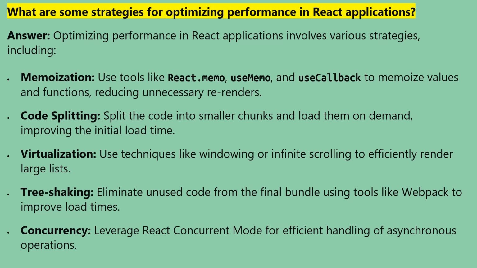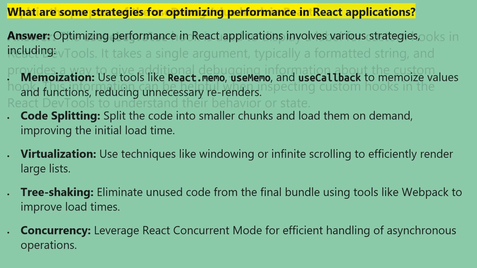Split the code into smaller chunks and load them on demand, improving the initial load time. Virtualization. Use techniques like windowing or infinite scrolling to efficiently render large lists. Tree shaking. Eliminate unused code from the final bundle using tools like Webpack to improve load times. Concurrency. Leverage React Concurrent Mode for efficient handling of asynchronous operations.